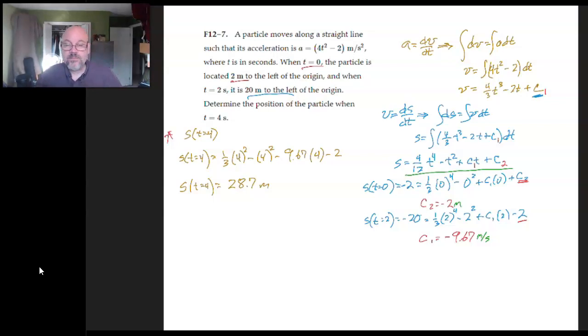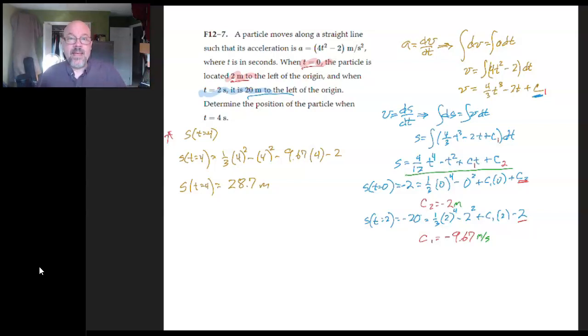So pretty straightforward. Now, every time you do an integration, you expect to get a plus C term or something like that. So you've got to have what are called initial conditions or boundary conditions. Both those terms mean the same sort of thing. So we have two boundary conditions given to us, or two initial conditions.